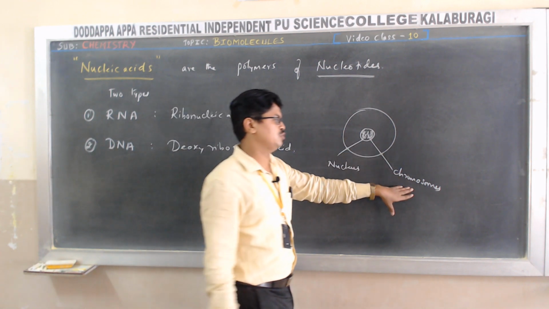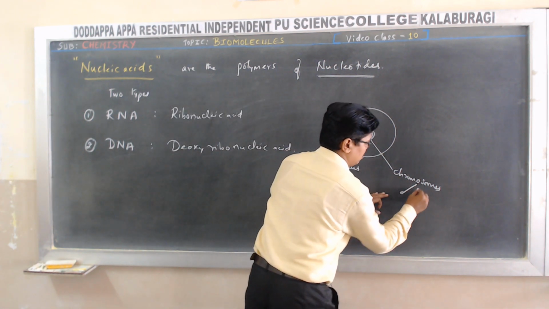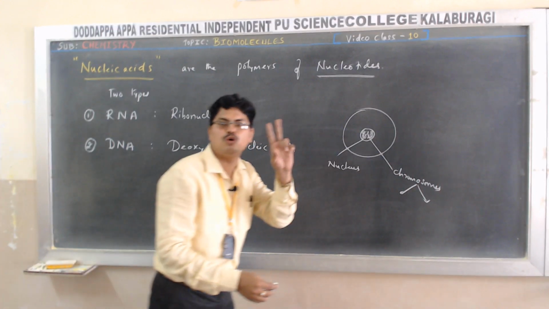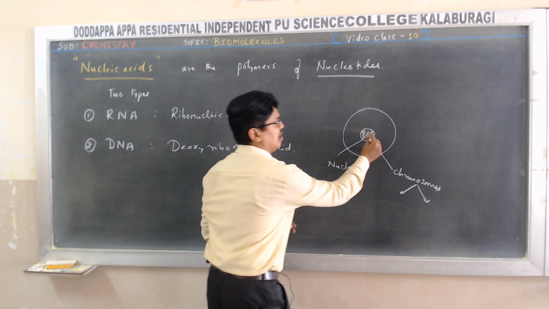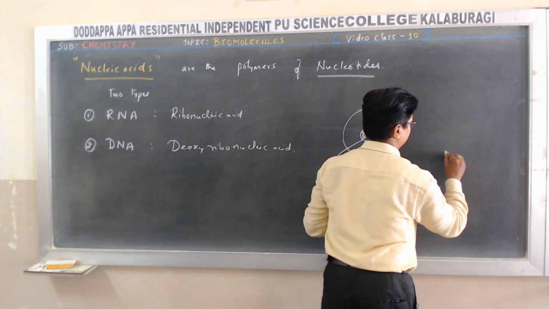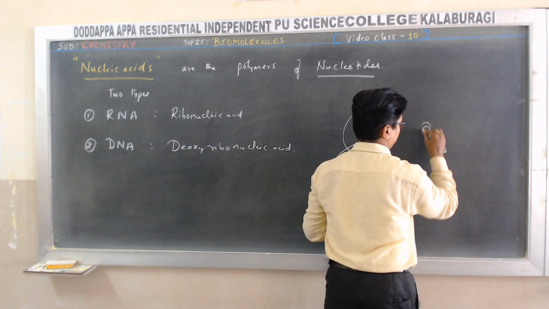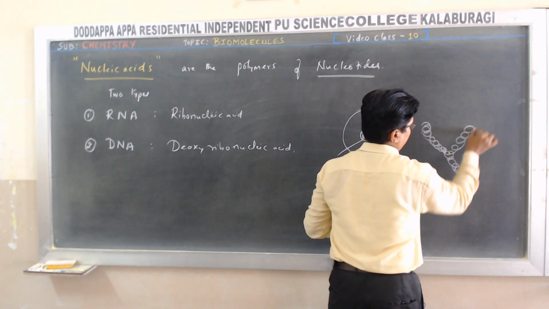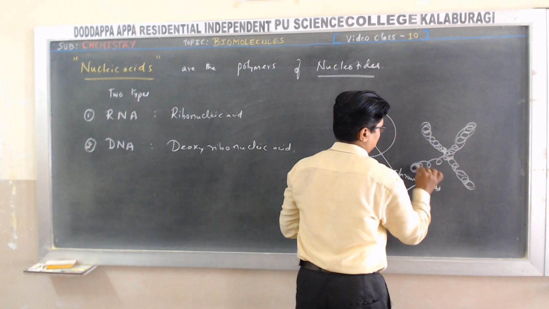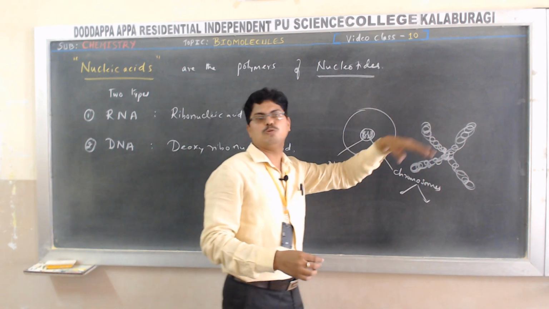So these chromosomes are made up of two biomolecules. If I enlarge these chromosomes, this is the chromosome.